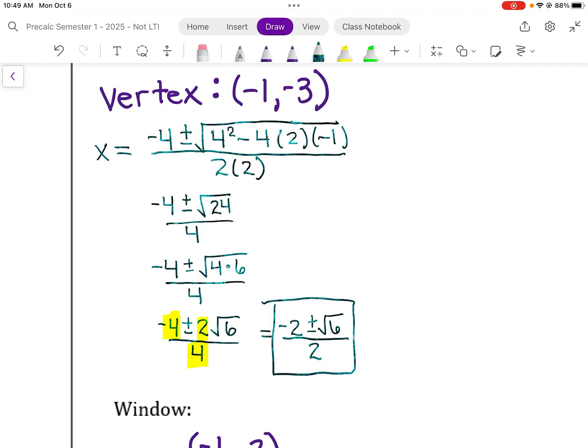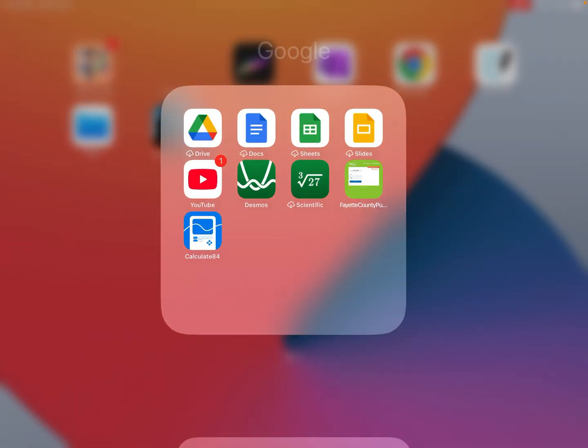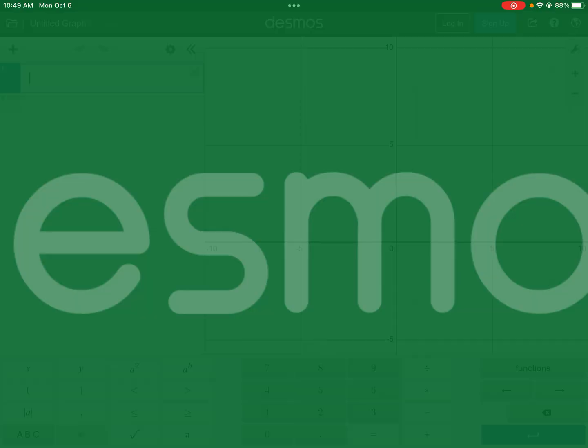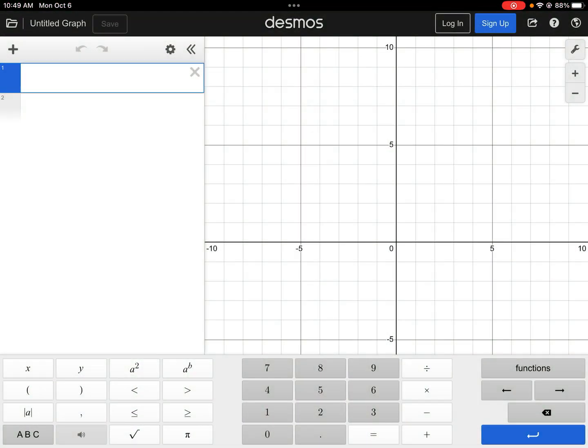Now that is not very helpful whenever I'm trying to graph because I don't know about you, but I do not know where negative 2 plus square root of 6 over 2 is on the x-axis. I also don't know where negative 2 minus square root of 6 over 2 is on the x-axis. But what I do know is that I can open Desmos and I can do negative 2 plus square root of 6 divided by 2.